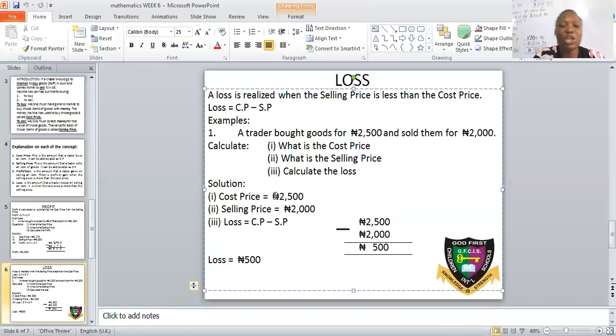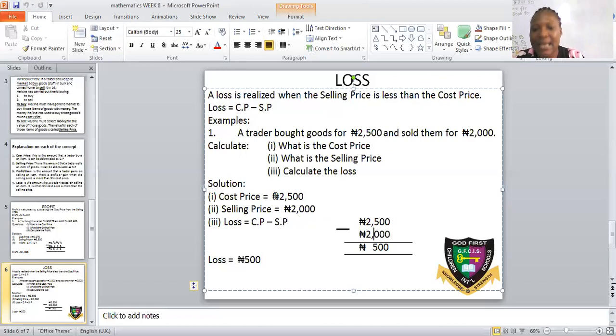Now loss equals cost price minus selling price. That is loss. Now we have the formula as cost price minus selling price, or CP minus SP. Now, the cost price is 2,500. The selling price is 2,000 naira.